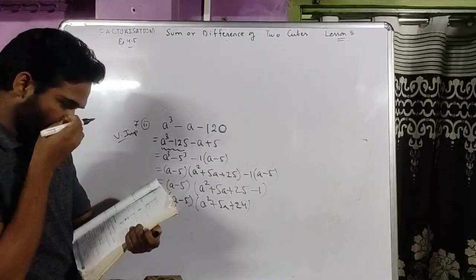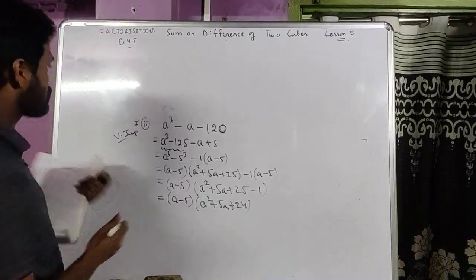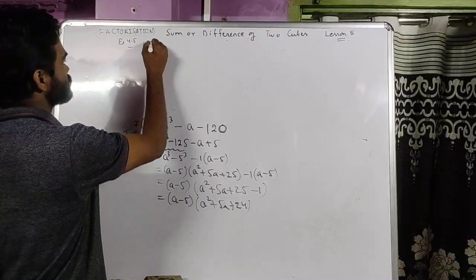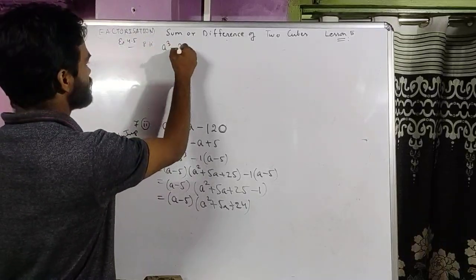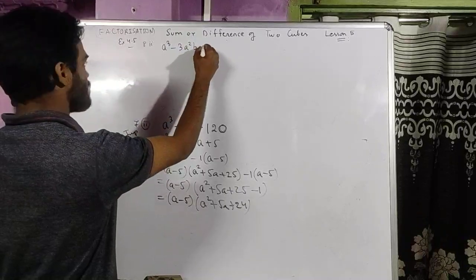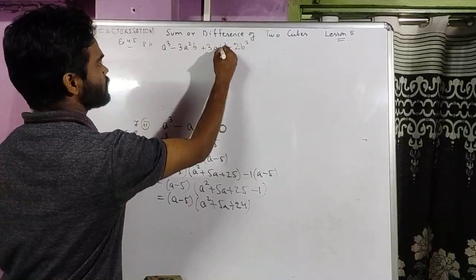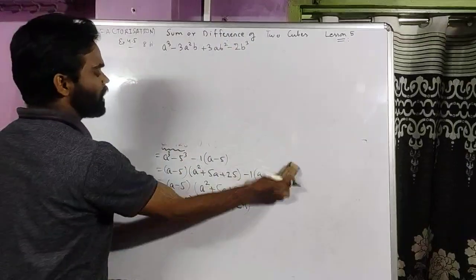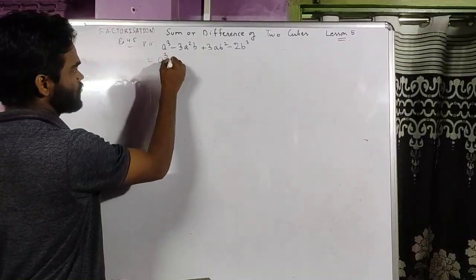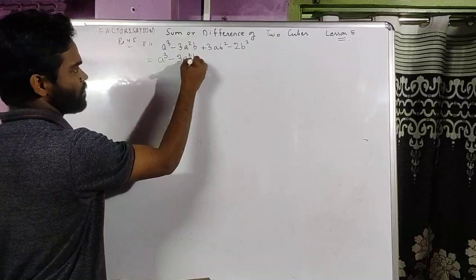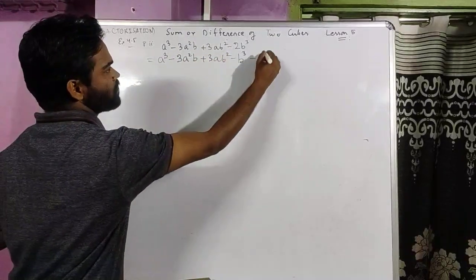Now we look at sum number 8 part 2. Look carefully. A cube minus 3a square b plus 3ab square minus 2b cube. Now, can I write this as a cube minus 3a square b plus 3ab square minus b cube minus b cube?